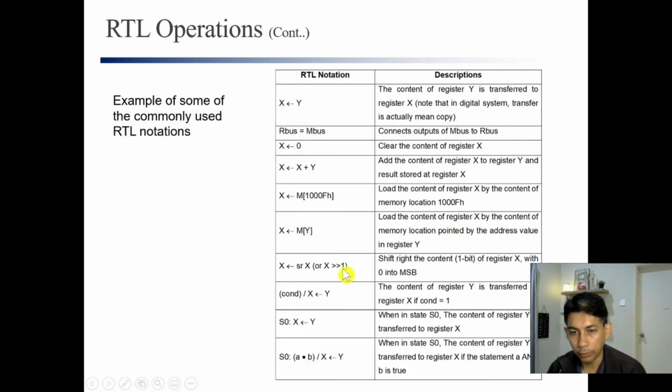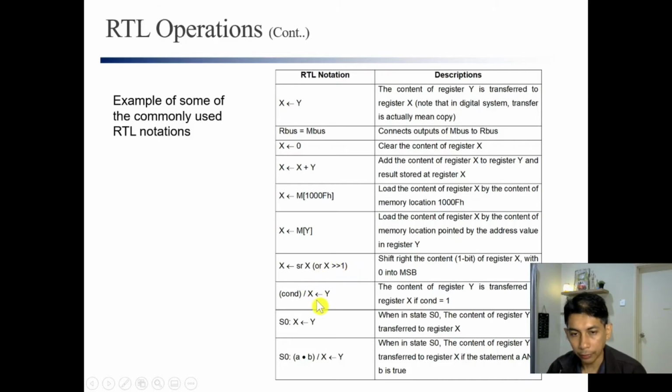If you want to shift 2 bits or 2 times, this is replaced by 2 and so on. And if you want to shift to the left, the symbol is less than 2 times, X less than 2 times, and 1 shifts to the left 1 time. If you want to shift 2 times, replace it with number 2, or any number if you want, right?